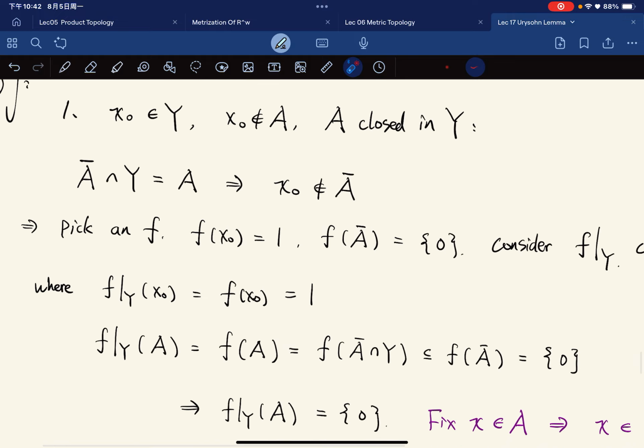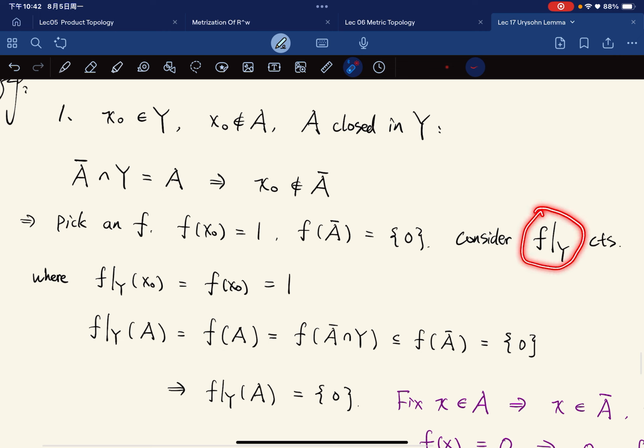What we need to do now is restrict this domain to the space Y, and it's still a continuous function. Restricting the domain is still continuous, provided that your f is already continuous.